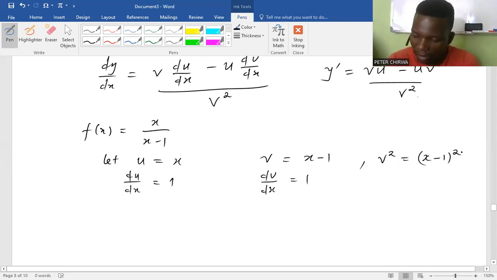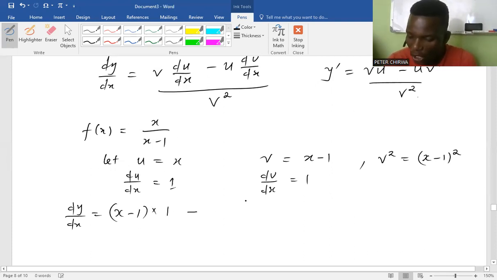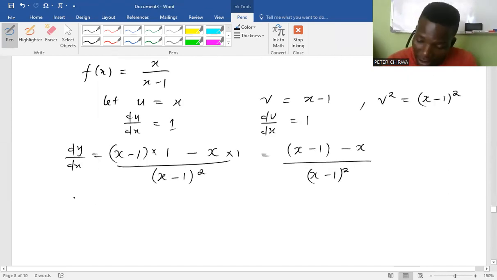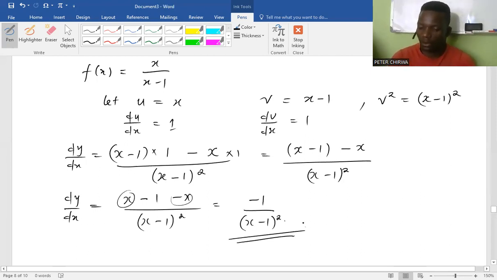So the change in y with respect to x is going to be v times the change in u with respect to x, which is 1, minus u, which is x, times the change in v with respect to x, which is 1, over x minus 1 squared. To simplify, dy/dx is going to be x minus 1 minus x over x minus 1 squared, which is negative 1 over x minus 1 squared.